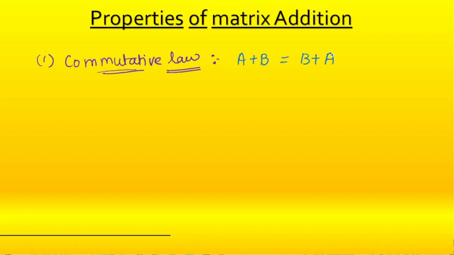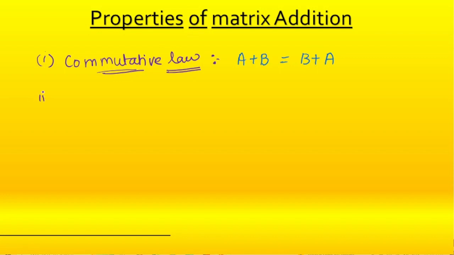So both are going to be the same. A plus B matrix and B plus A matrix are going to be the same, but it's not the case with subtraction. So I told you to be careful. So look here, this is the commutative law, that is A plus B will be equal to B plus A. We already know this, right? I already told this.